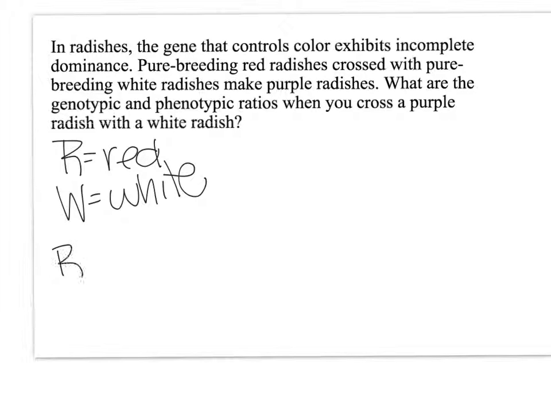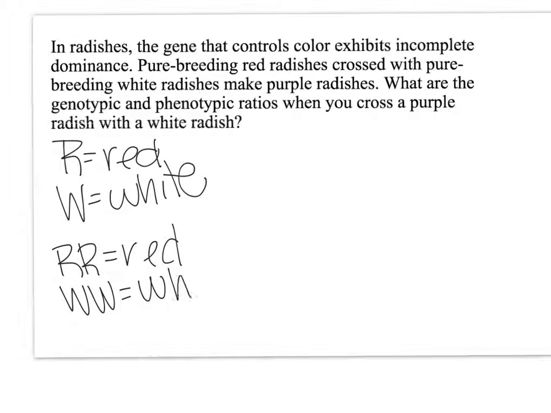So if I have RR is red, WW is white, and RW is purple.